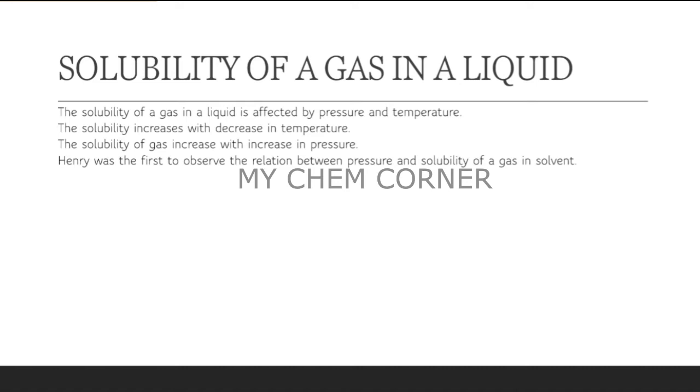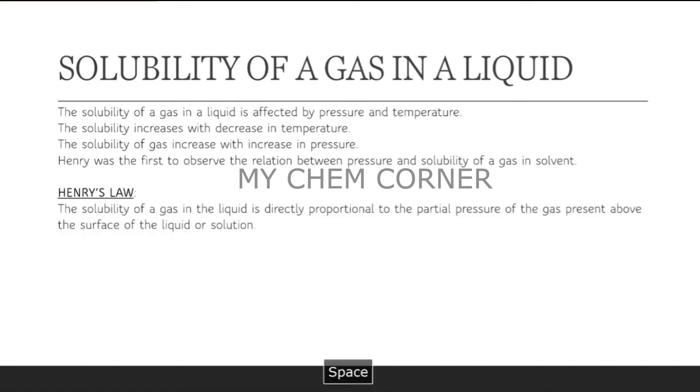These relations between solubility and pressure were learnt by a person named Henry. He has given a mathematical expression by various research, and a law named after him. The law states that the solubility of a gas in a liquid is directly proportional to the partial pressure of the gas present above the surface of the liquid.